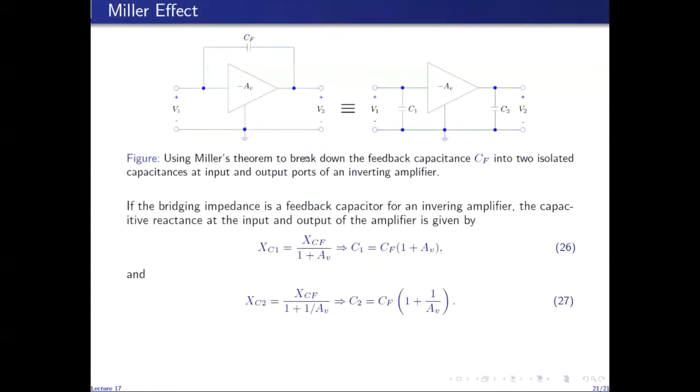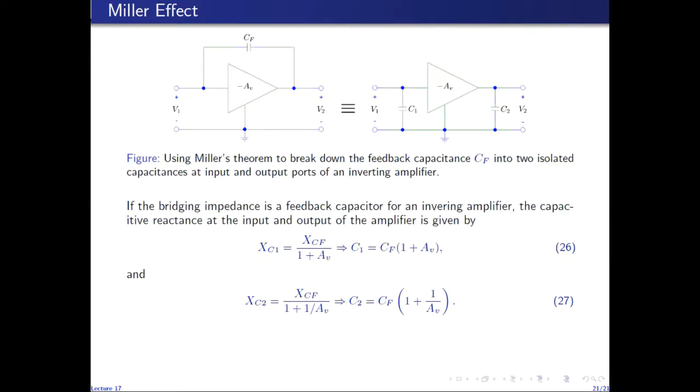So from the high frequency small signal hybrid pi model for the BJT, we note that C mu acts as a bridging capacitance between the input port made up of base and emitter terminals and the output port made up of collector and emitter terminals.